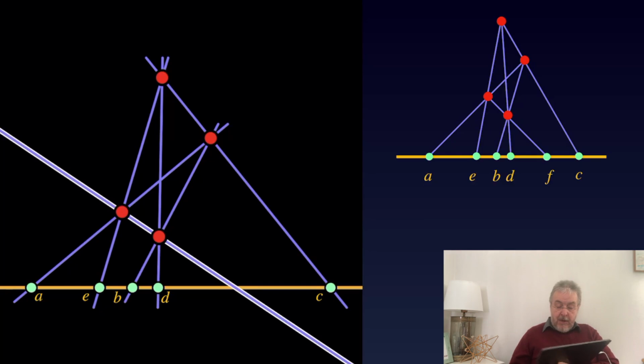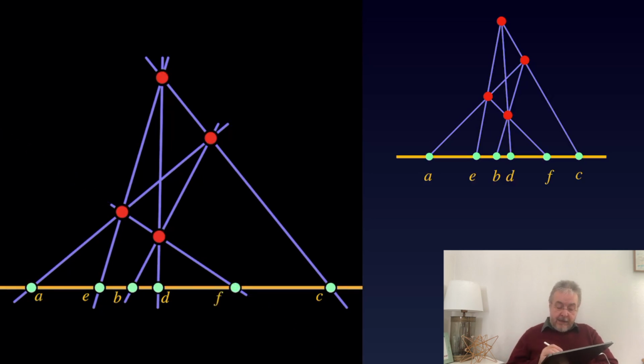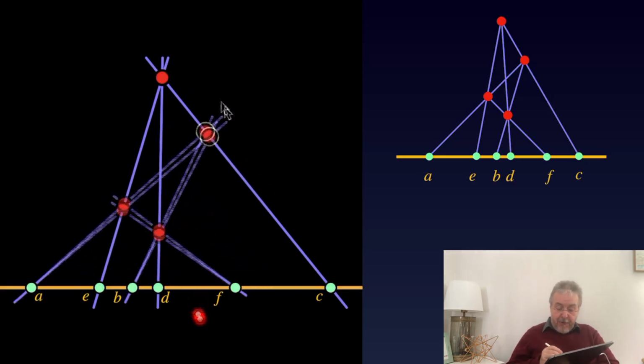So here we have the connecting line. The only thing that's still missing is the intersection with our yellow line, and we get the position of point F. Important fact: we would always get the same point F no matter where we chose the auxiliary points. So let me move those auxiliary points a little and observe the point F here.